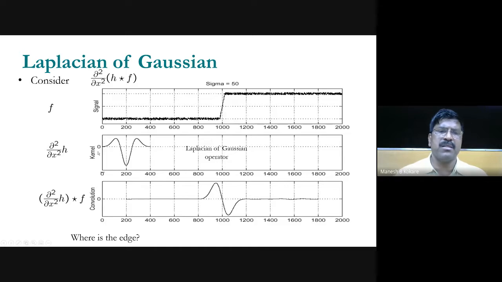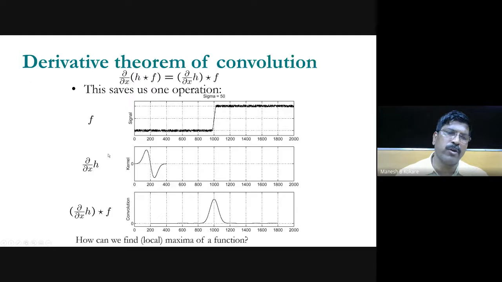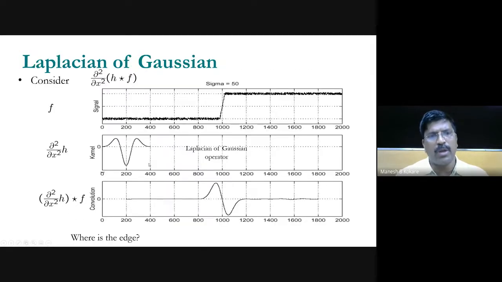Now if you take the double derivative of that function, this is the input image or edge profile, which is corrupted with noise. You have taken the single derivative, and now if you take the double derivative of this, you get this.